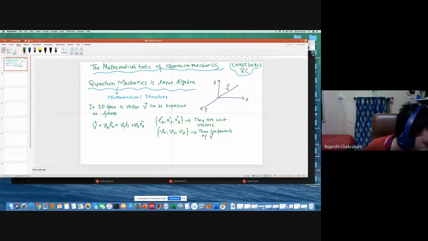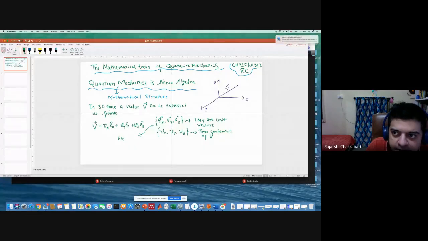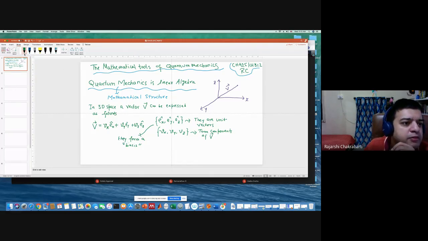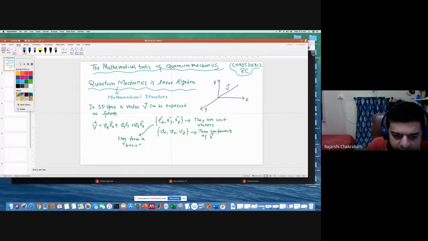So in other words, these vectors form a basis. Do you agree that they form a basis for the vector v in this three-dimensional space?